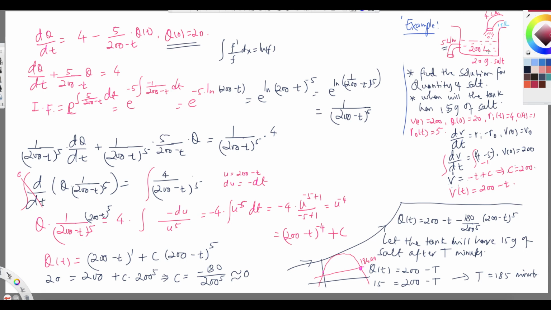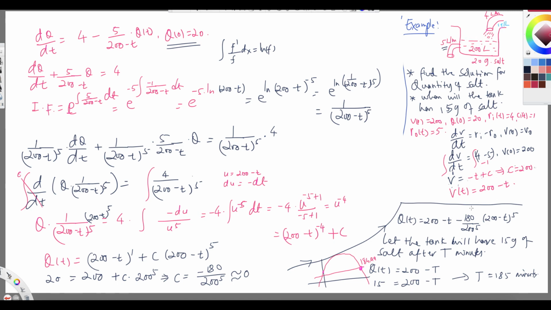The reason is because, see, the quantity is very low. In 200 liter of water, there is just 20 gram of salt, but it is coming in with 1 gram per liter. So every minute, it is coming in 4 liter of water with 4 gram of the salt, right? So this is what is happening. So for some time, the quantity of the salt will increase, and after that, it will start to decrease because the whole solution will start to decrease.